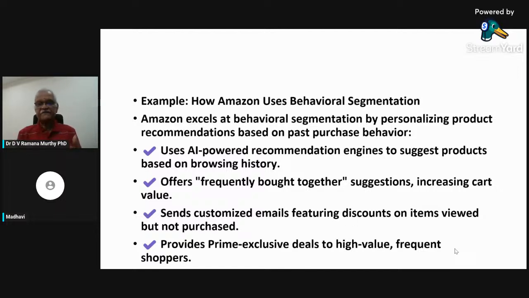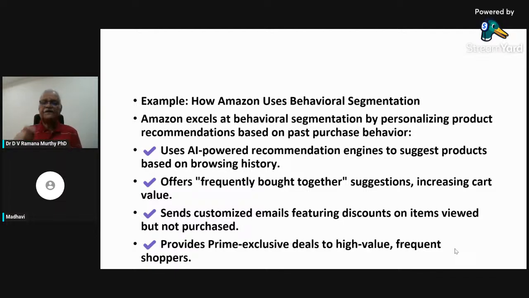Your browsing history will be captured by the AI agent and it recommends products when you are browsing products X, Y, Z and all. So they offer frequently bought together suggestions.